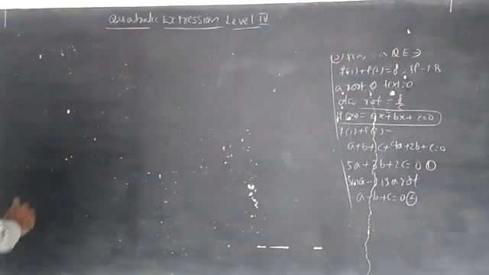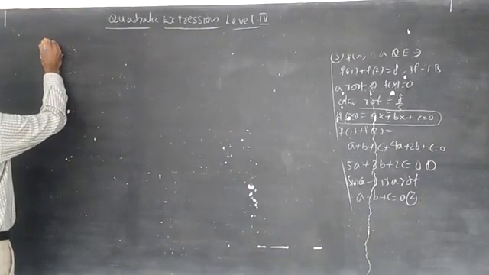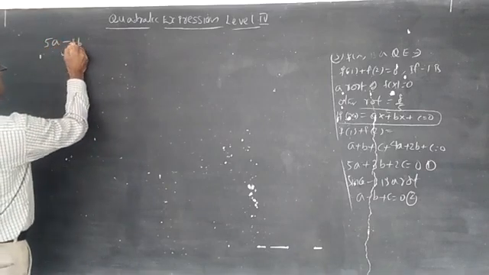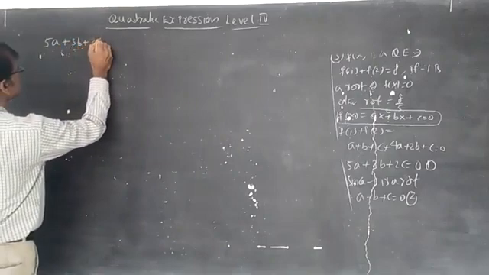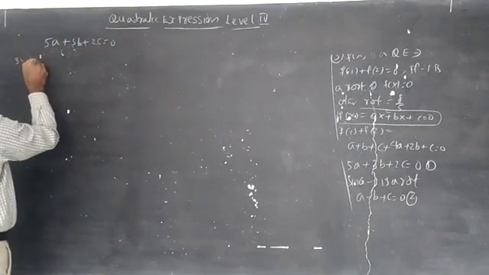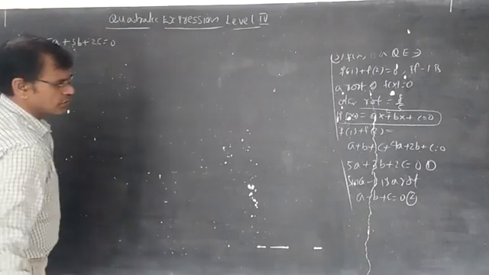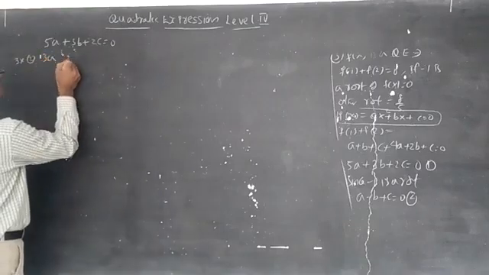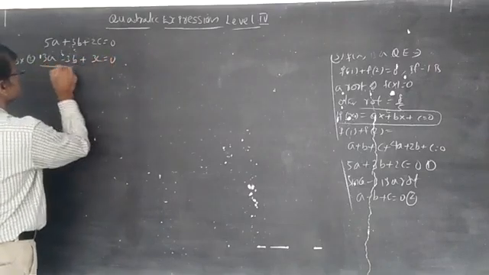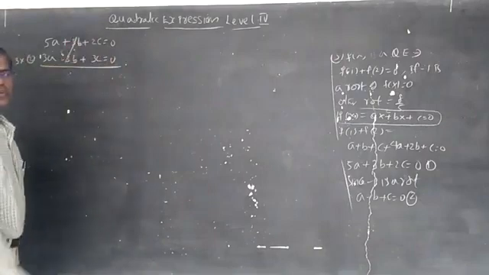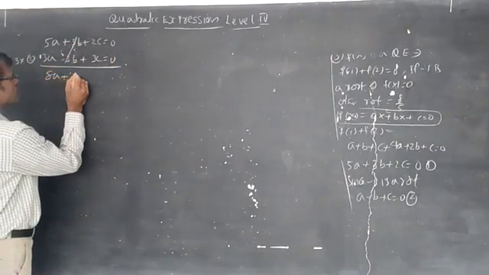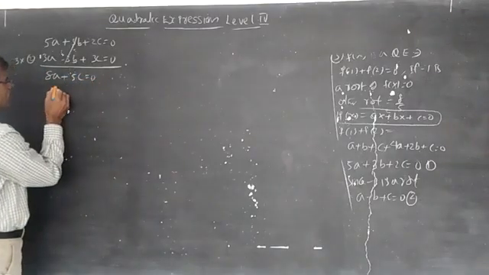Now 5a plus 3b plus 2c is equal to 0, and here I am writing 3 into the second equation, 3a minus 3b plus 3c equal to 0. Add the two equations. You can get here 8a plus 5c equal to 0.